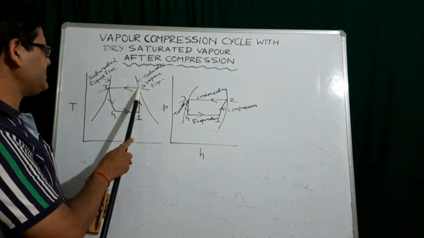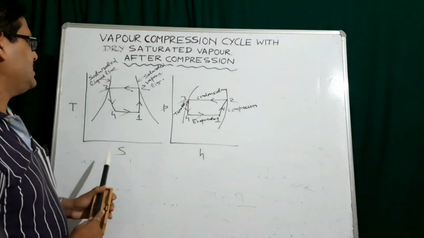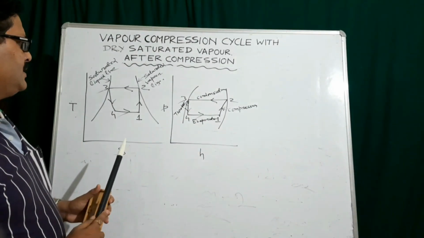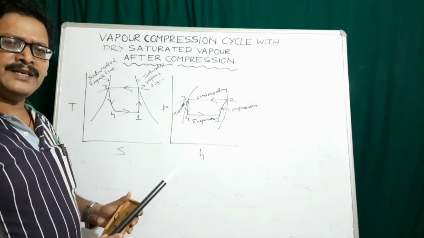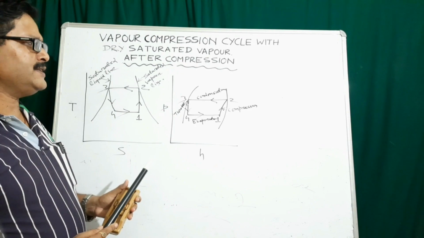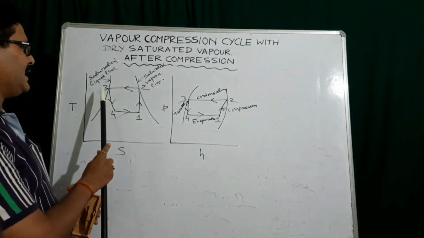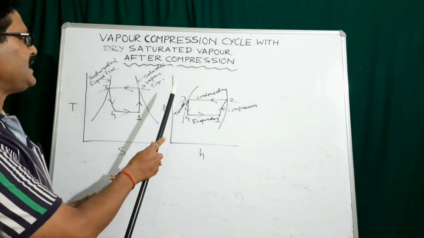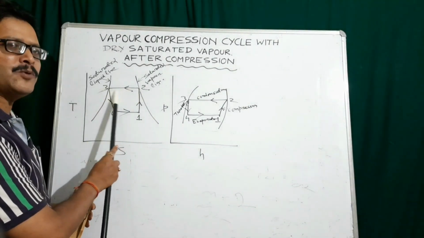and 2-3 represents the constant pressure condensation process. So here the refrigerant delivers heat to the surrounding condensing medium, and the process actually takes place at constant pressure. And specifically for this one, it is also an isothermal process.